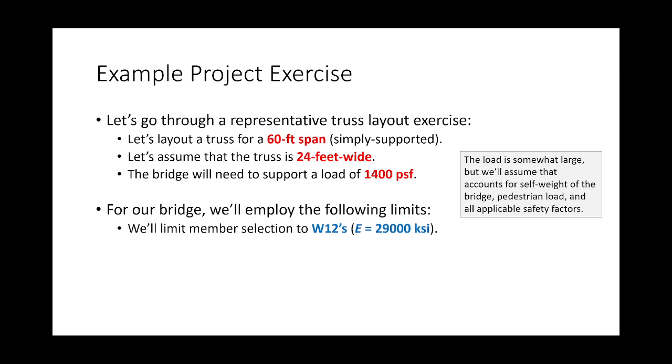Well, the reason why is if they're all W12s, then they should all arguably be around the same depth, which makes it easier to connect one to the other, right? If you've got a member that's connecting to another member that's like this, what's the gusset plate look like? If they're all about the same depth, it makes the member-to-member gusset plate connections of the truss a lot easier to do. So it's common to limit the selection with stuff like this to a family of shapes.